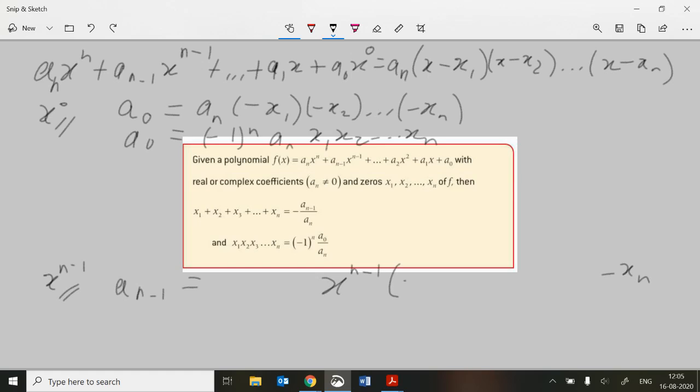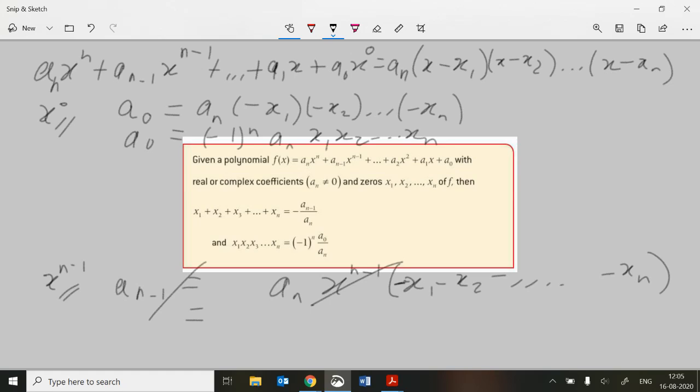but we're also going to get minus x1 lots of this thing here, and minus x2, and so on, all the way up until minus xn. And then we've still got this a_n at the front as well. Now, we can factorize out the minus. This thing disappears because we're only interested in coefficients.